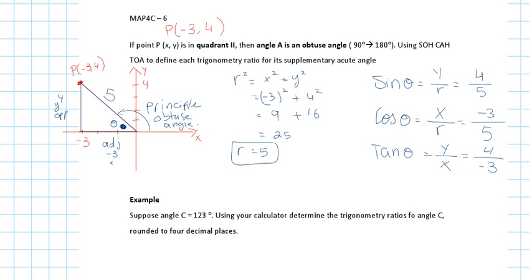Is that your principal obtuse angle? Yes. So if you use the cosine, most calculators are programmed, if you put in a negative cosine, to give you that obtuse angle.